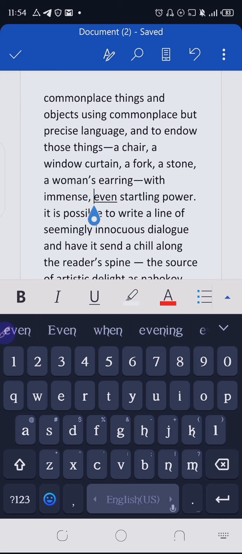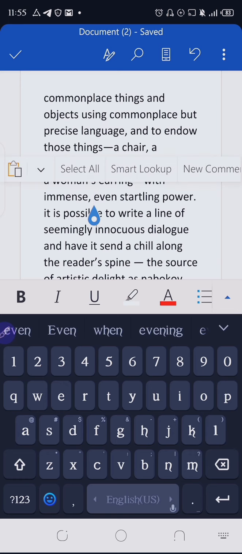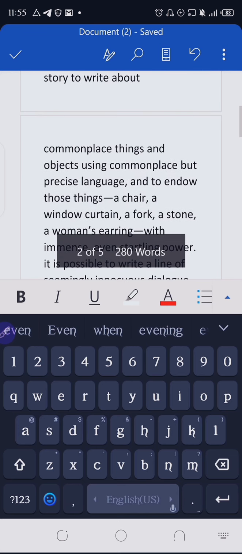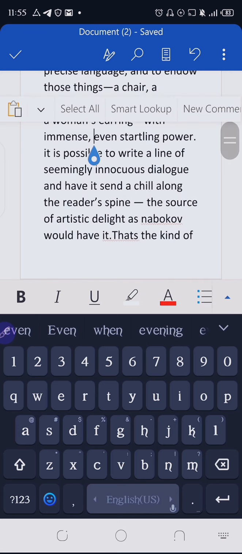So I hope you get that. So we use a comma to set off those adjectives, not to differentiate, but to space them out. So what Raymond Carver is actually saying here is that with immense power and with startling power, or with immense, even startling power.